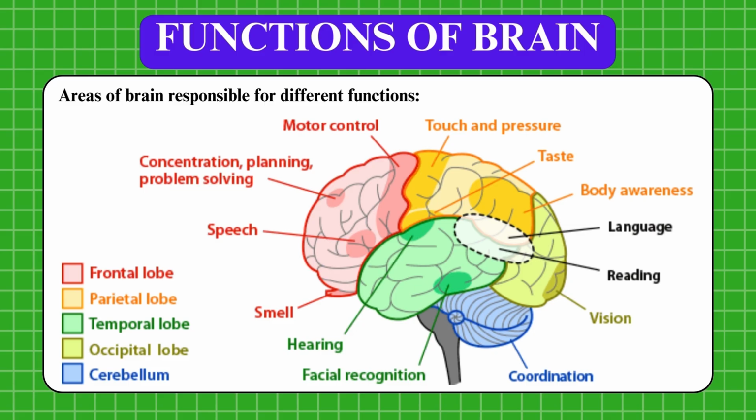So, the temporal lobe is responsible for 2 major functions. Then, occipital lobe. Occipital lobe is the one which is responsible for vision. Then, cerebellum. Cerebellum is responsible for coordination of all these functions, which leads to the recognition of vision, hearing, facial recognition, and every other function, such as reading and language.